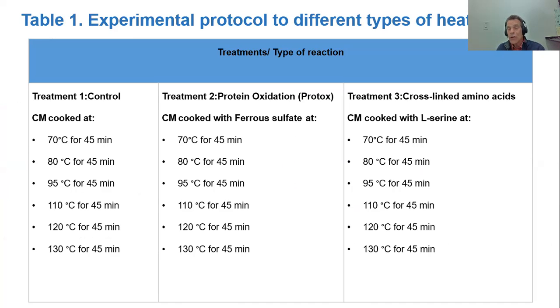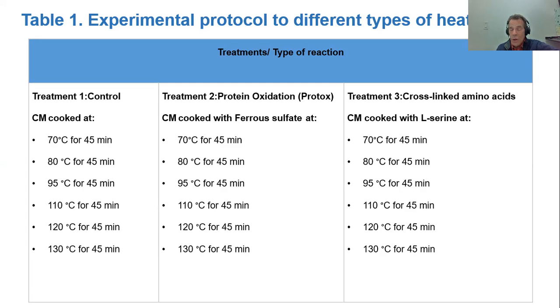She actually stimulated the formation of different types of chemical reaction. She first used no supplements, no agent in it, and she cooked the chicken meat powder at increasing temperature in an autoclave.